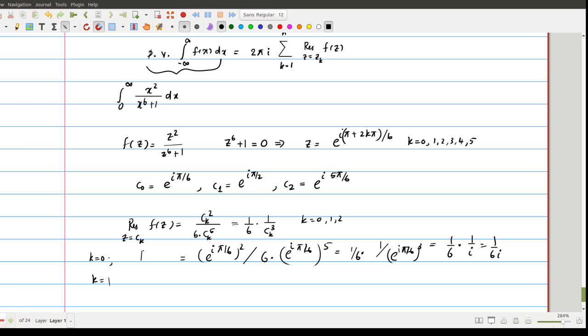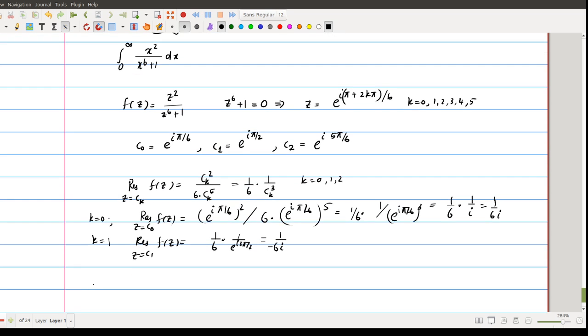So this is the residue of f of z at z equal to c1, by putting c1 here: 1 by 6 times 1 by c1 whole cube, that is e raised to i 3 pi by 2, which is minus i. So 1 by 6 times minus i.